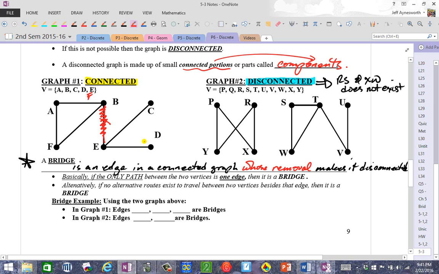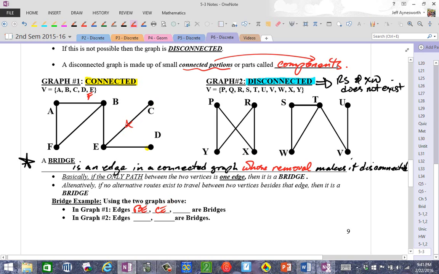So if I took out BE, then I would have two separate components of the graph. So BE is a bridge. Also, if I took out this edge right here, CE, then C would be isolated. So CE becomes a bridge.